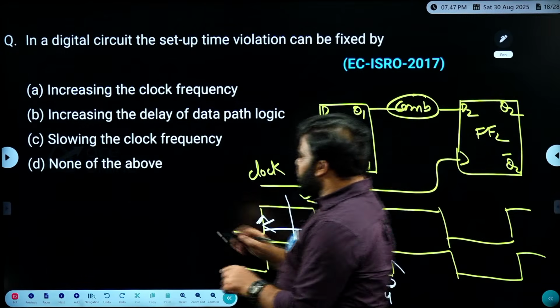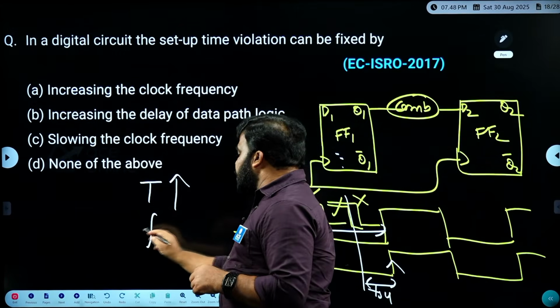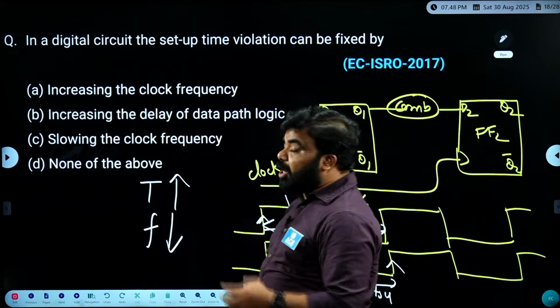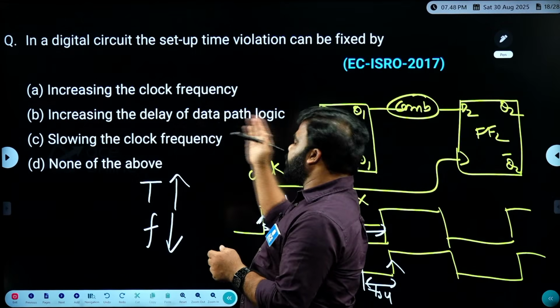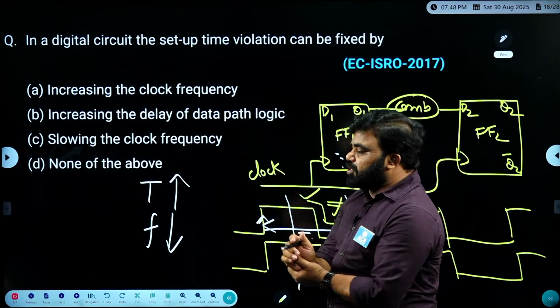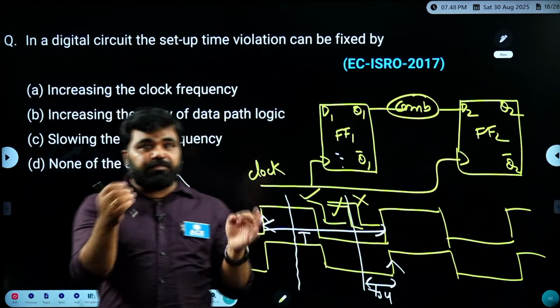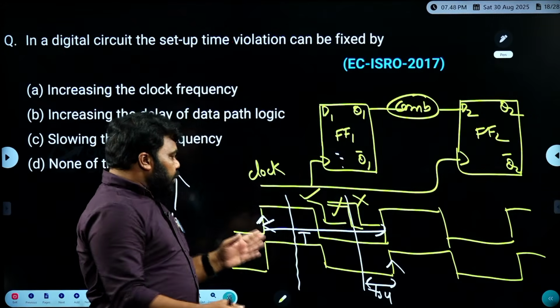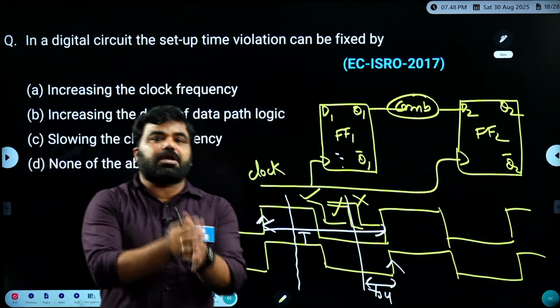When you increase the clock period to fix the setup violation, the frequency or performance is degraded. That is nothing but slowing the clock frequency. Decreasing the clock frequency is nothing but increasing the clock period. Whenever you increase the clock period, there will not be any violations. Insufficient available time for communication gives the setup violation.